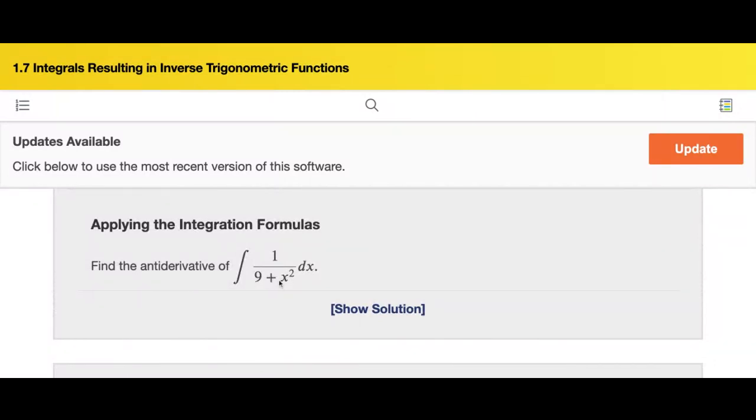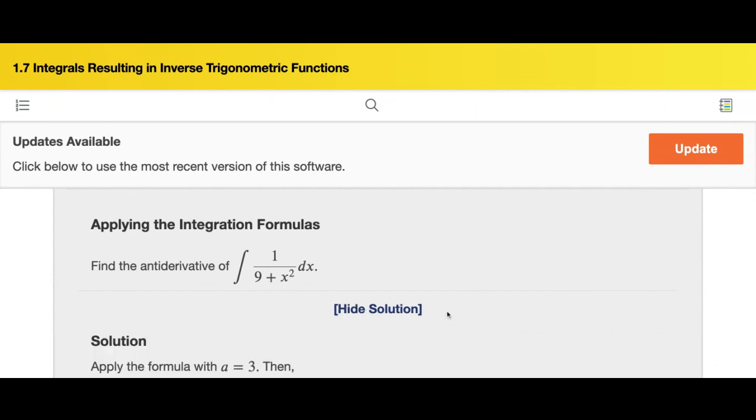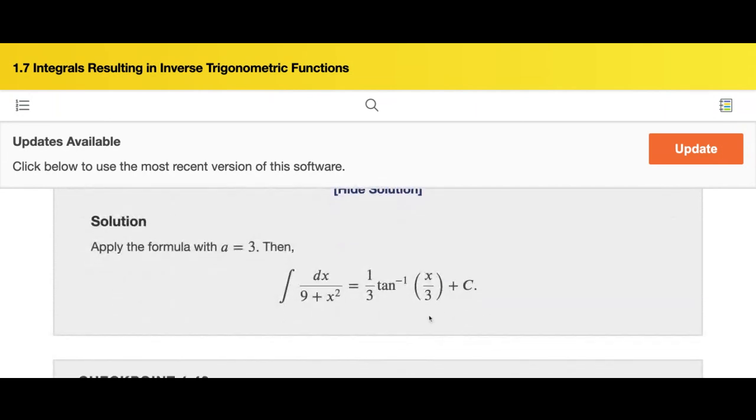Our a is 3, our u is x. That's just 1/3, because a equals 3. Remember, that's 1 over a, times arctangent of x divided by the absolute value of a. Here it's just positive, just 3. Just by the formula.